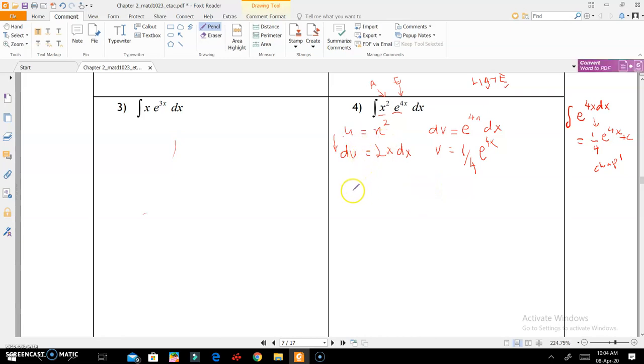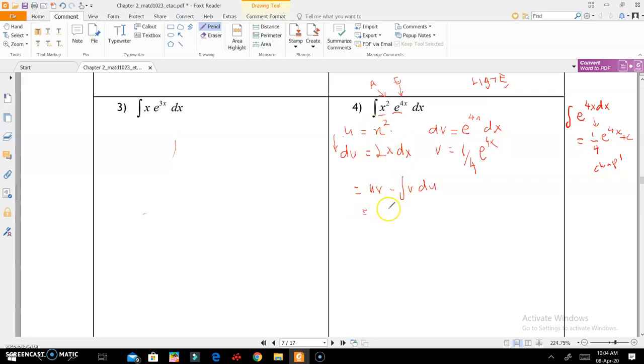Okay, so let us recall the formula of integration by parts. The formula is uv minus the integral of v du. So let us try to substitute these values.